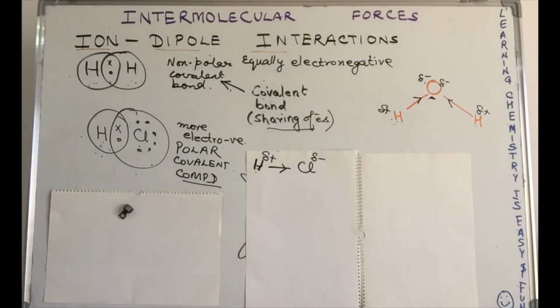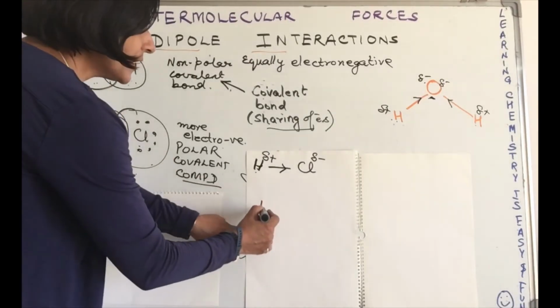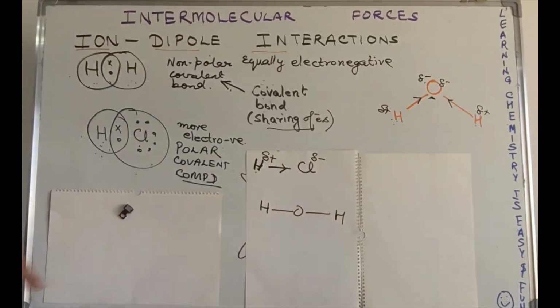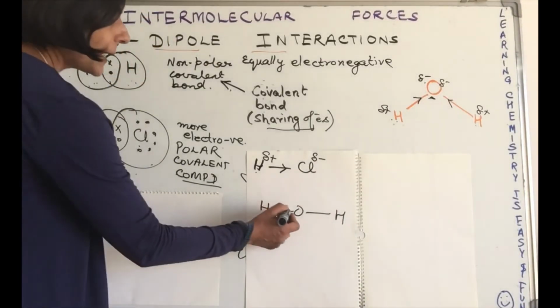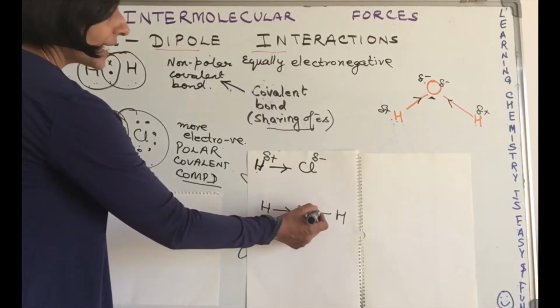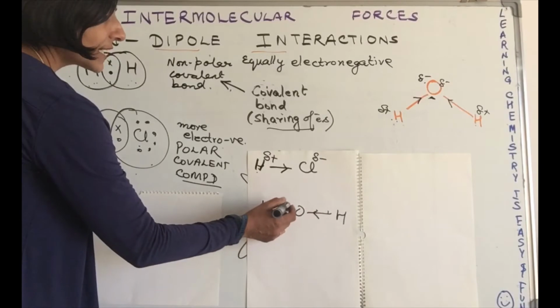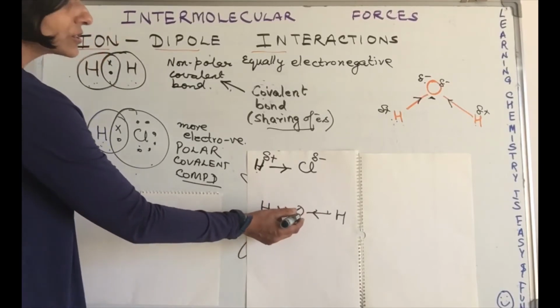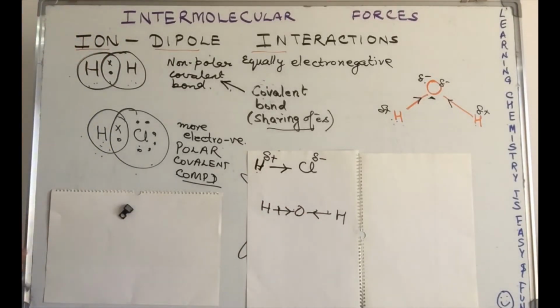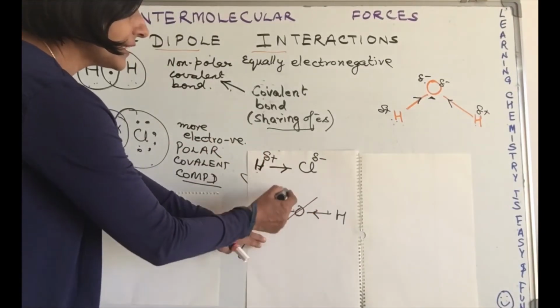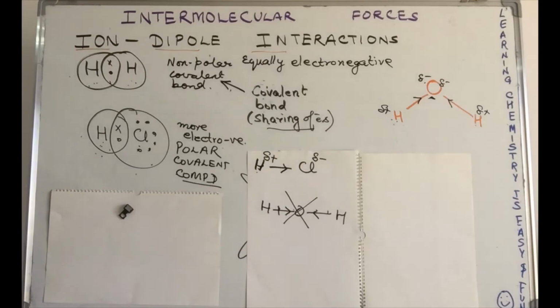Treating each of the OH bonds separately. Now, if water was a linear molecule, that means if it was like this, this is the direction and this is the direction. So both the sides are pulling oxygen to the same extent. The two forces would have nullified each other and there would have been no dipole moment.